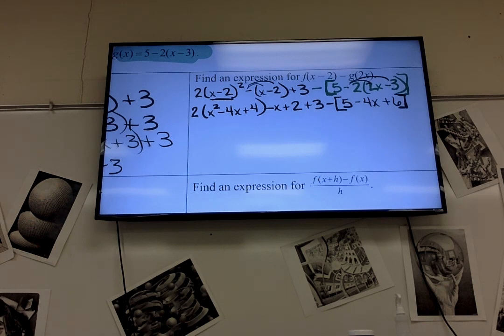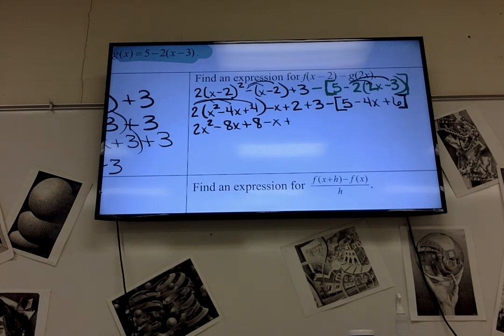Good. Now we're simplifying some more. What do we need to do now? Yeah, it's distribute. I'm going to multiply the 2 times everything. So it's 2x squared minus 8x plus 8. So that 2 had to go with everything in the parentheses.